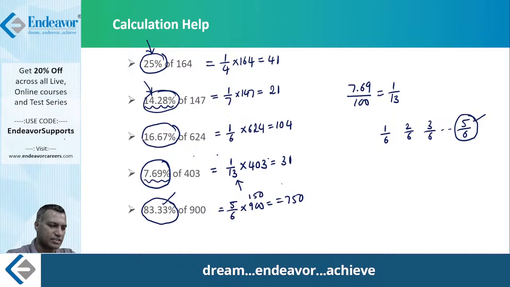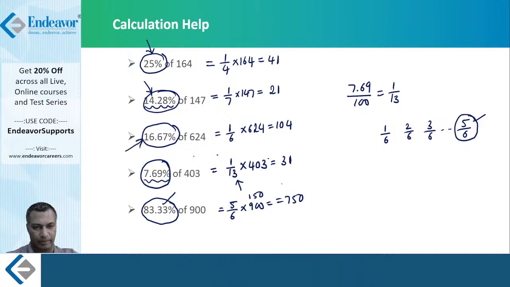From that perspective, you have got to learn that particular table. I just illustrated why it is important to learn those percentage fraction equivalents either way. We'll see in the future that knowing one side is not enough. If I know 14.28% is 1 by 7, will that be good enough? No, it is also important to know that 1 by 7 means 14.28%. We will see how it is important in a while.